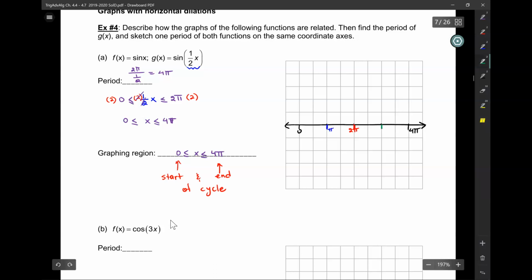The green is halfway from 2 pi to 4 pi, and how much is that? 3 pi. Because how do you do it? It's halfway between 2 pi and 4 pi. Right? That's how we do it. So it's half of 6 pi, which is 3 pi.